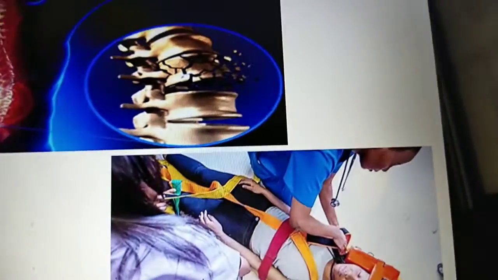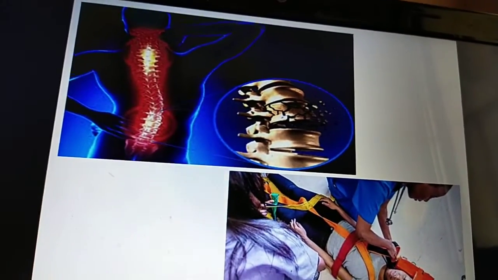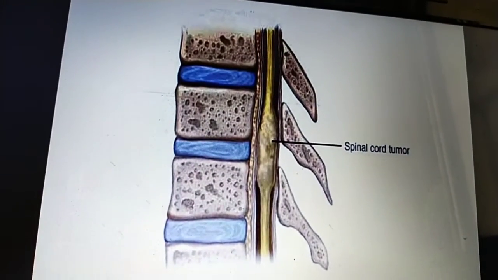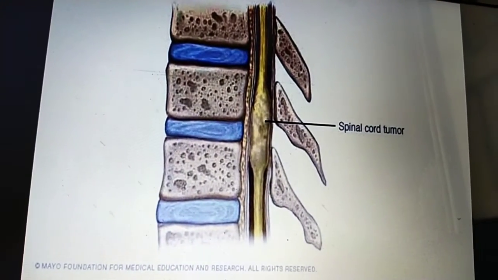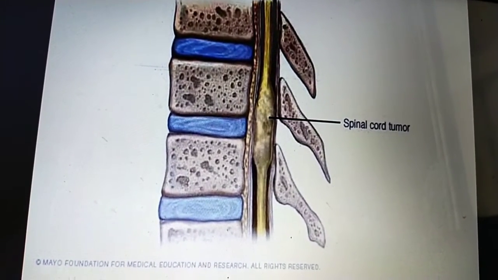This is the hard spinal board. We can apply belts like this and move the patient. This is very important in cases of spinal cord injury. Then spinal tumors. This may be a schwannoma, it may be any cancerous tumor or anything. There are some tumors, spinal cord tumors.